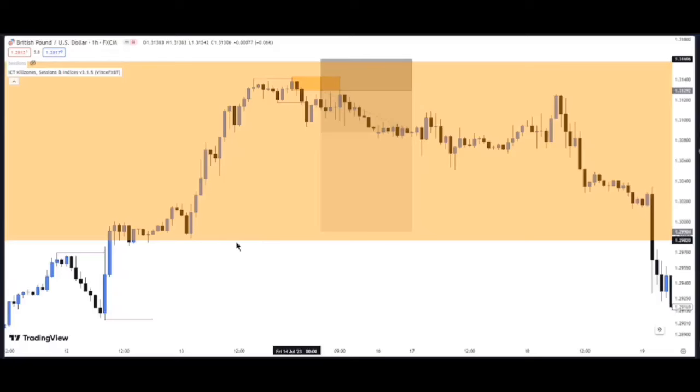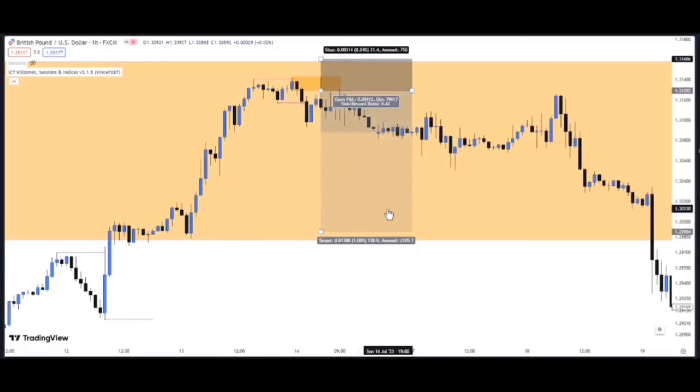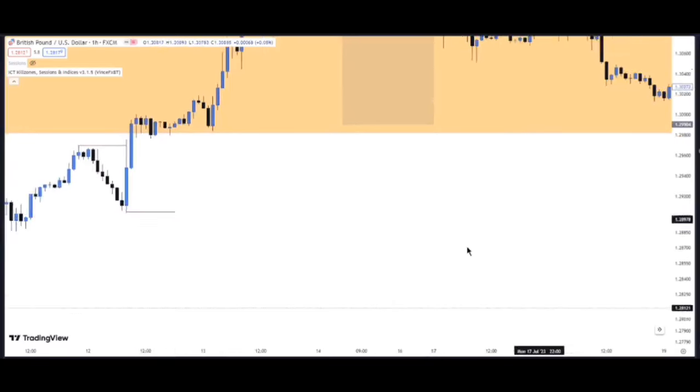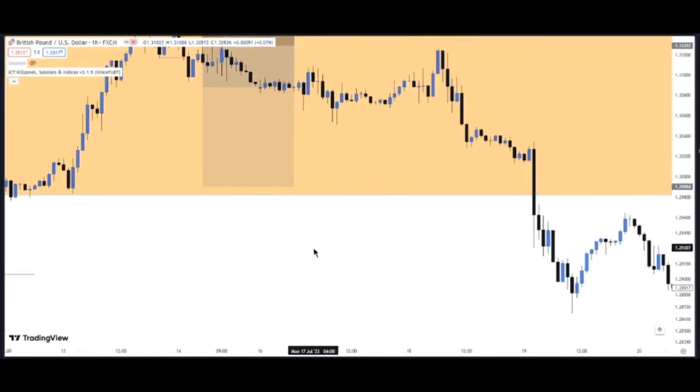So to manage your trade, immediately it closes below this low, move your stop loss to break even. The next low you would have targeted is this low here. Once price takes out this low, you can move your stop loss either to this point to lock up your profit, or somewhere here.